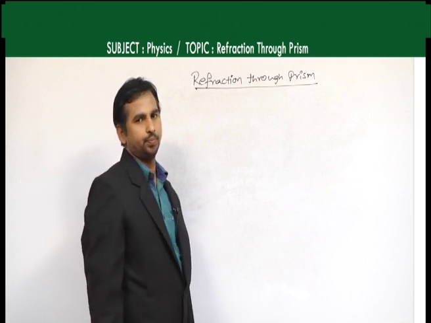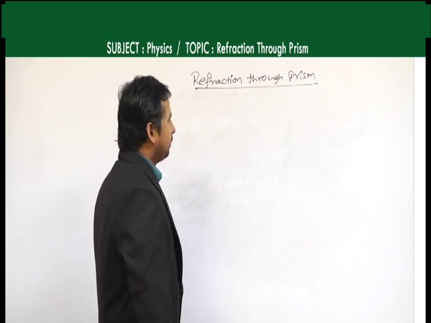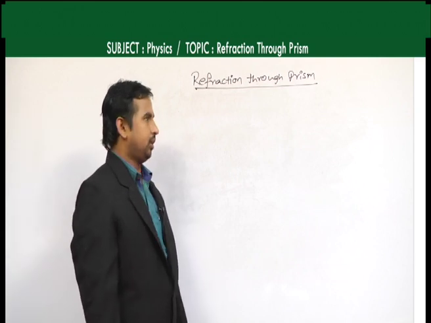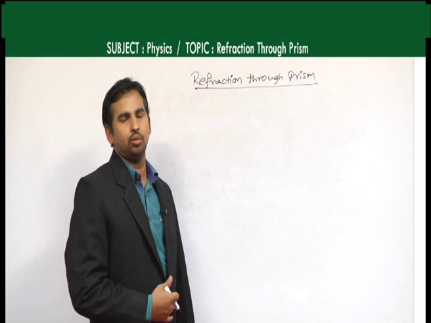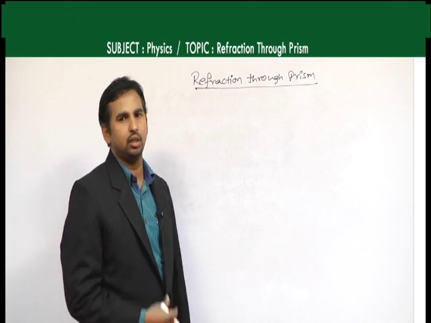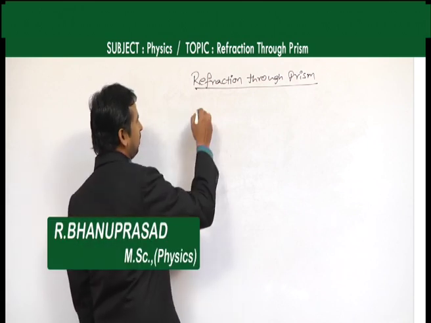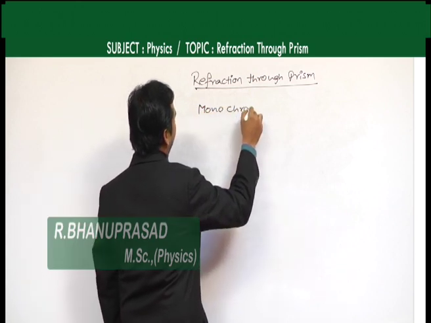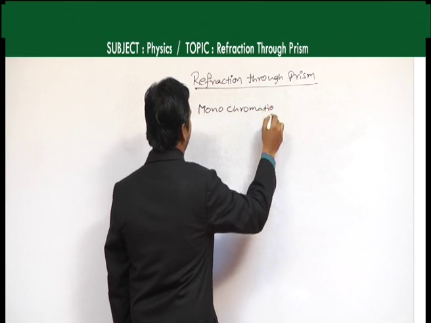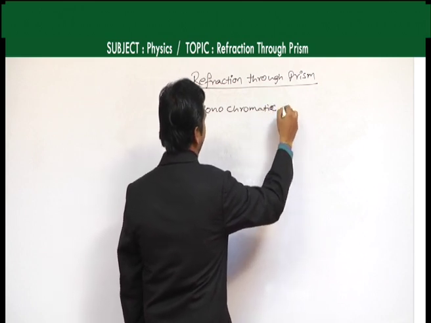Refraction through a prism. Most of the questions we see on refraction through a prism involve either a monochromatic light or a polychromatic light. There are more questions on monochromatic light. Mono means single and chromatic means color.